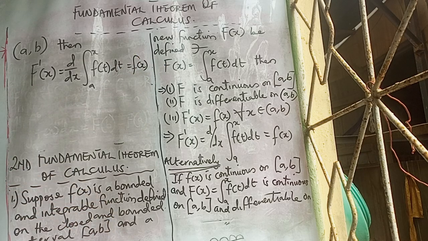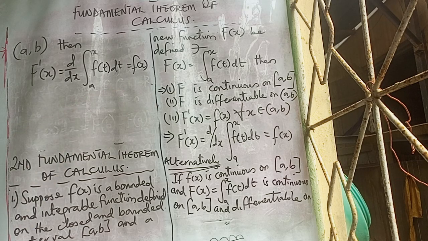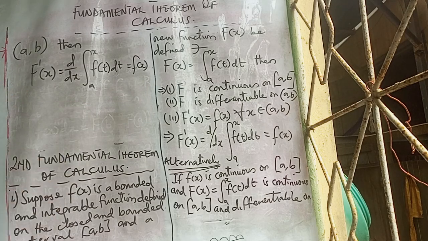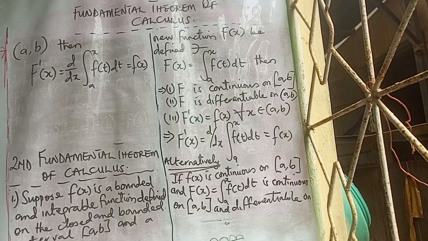In this video, I have given us 3 ways in which the first fundamental theorem of calculus can be stated, and then 2 ways in which the second fundamental theorem of calculus can be stated.